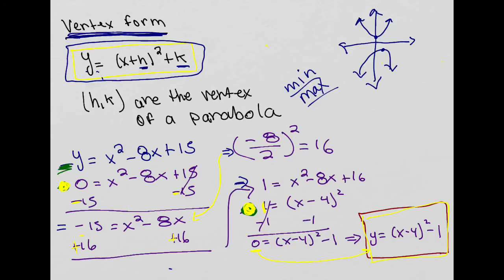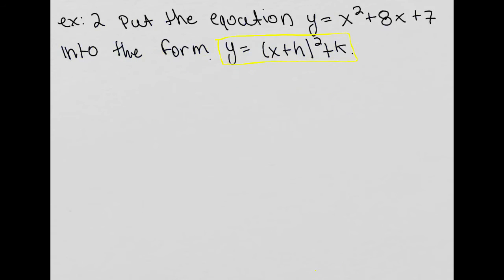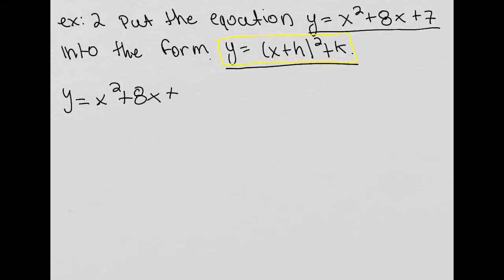Okay, now let's see an example. We're given this equation, and it wants us to put it into the vertex format. So I'm going to rewrite it here. The first thing I'm going to do is change the y to 0.